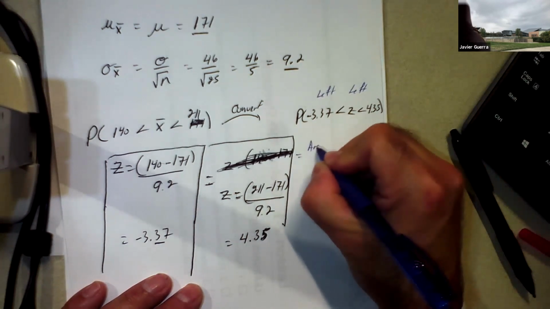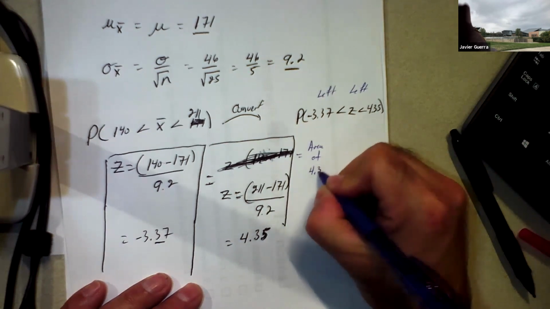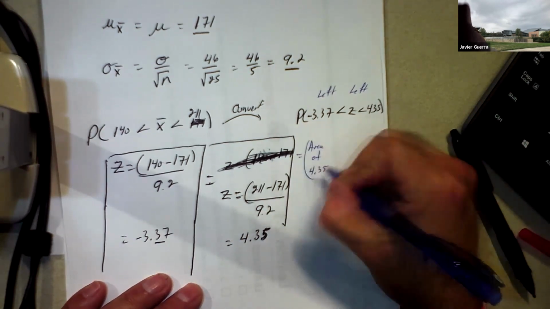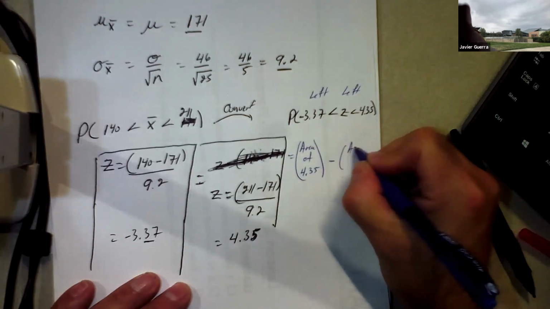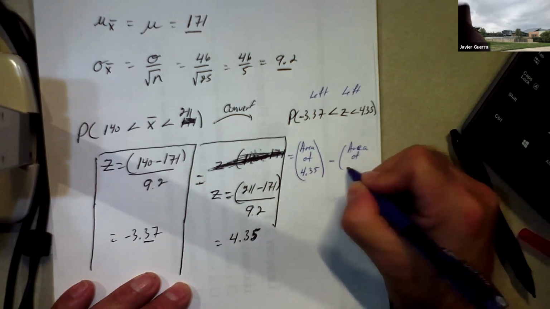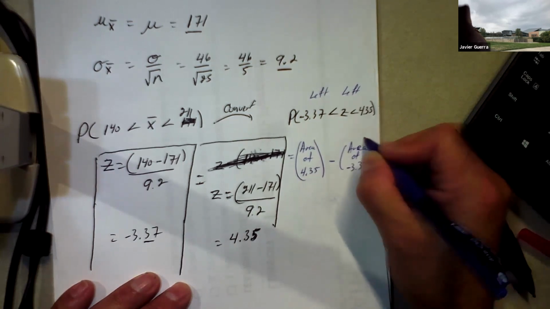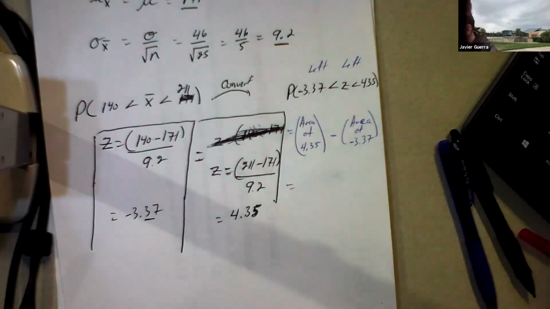So area 4.35 minus the area of negative 3.37. I'm going to have to type those in. That disk.